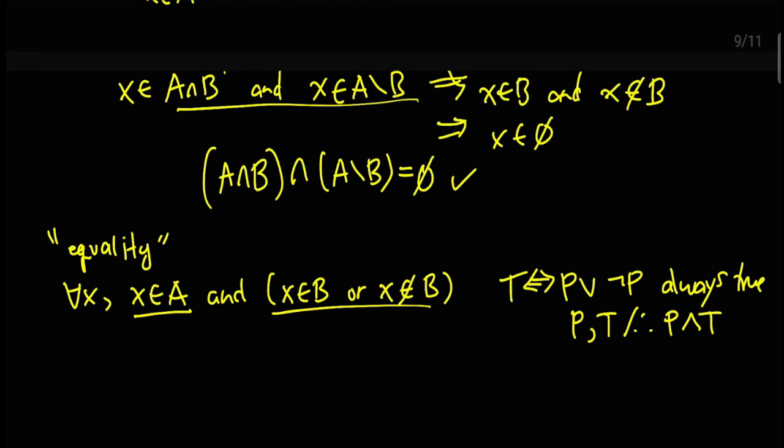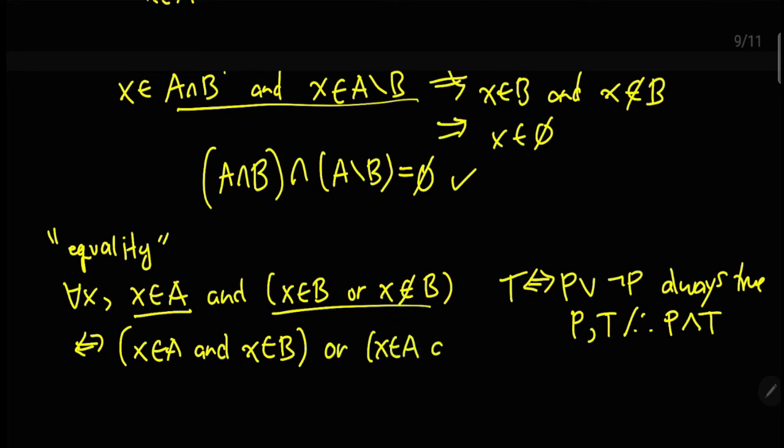So, if we have x is in A and, in parentheses, x is in B or x is not in B, then by the distributive law in logic, we have x is in A and x is in B, or x is in A and x is not in B. Again, that's the distributive law.